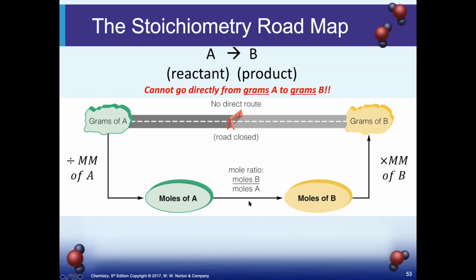So one of the big reasons for learning how to balance those chemical reactions is so you can get this mole ratio, so that you can do stoichiometry, so that you can relate the moles of A in a reaction to the moles of B in the reaction. And then once you know the moles of B through that mole ratio, you can just convert that into grams of B by, if you remember, just multiplying by the molar mass of B. Okay, so it's what we call the stoichiometry roadmap.